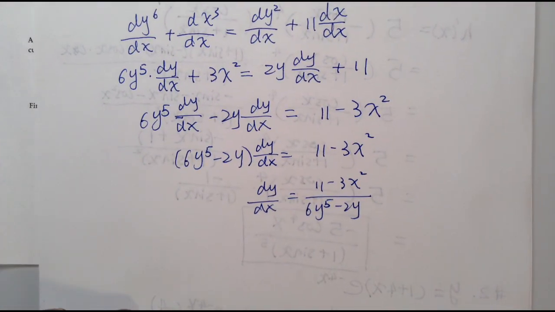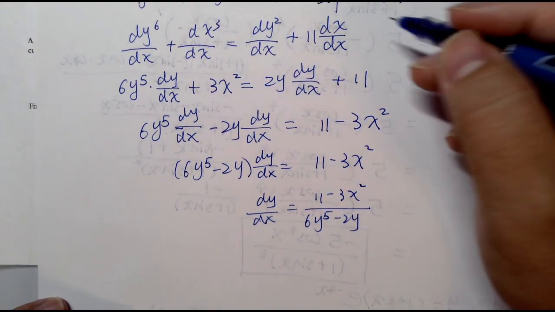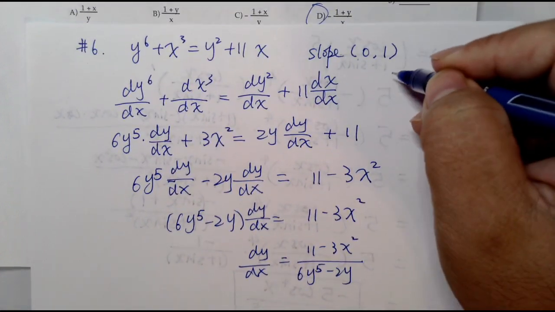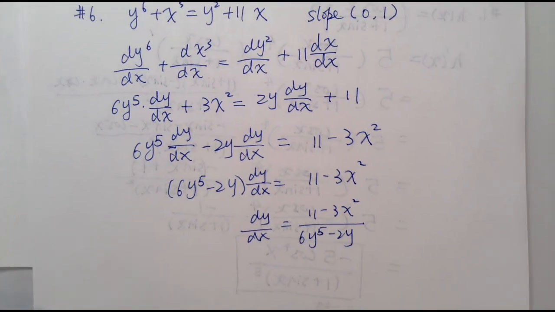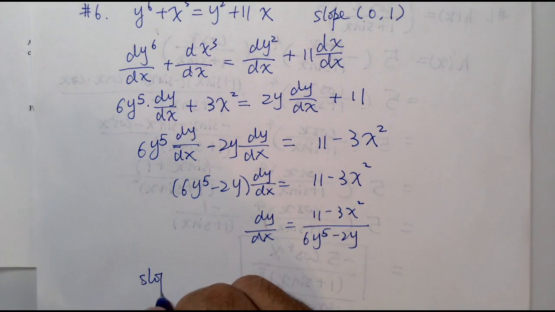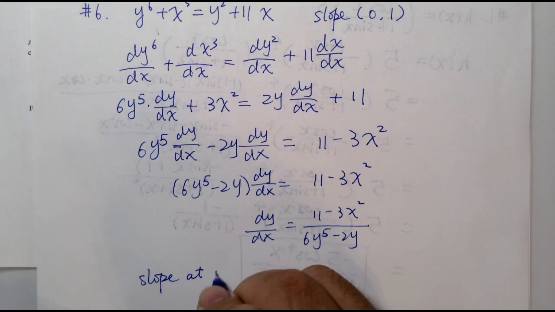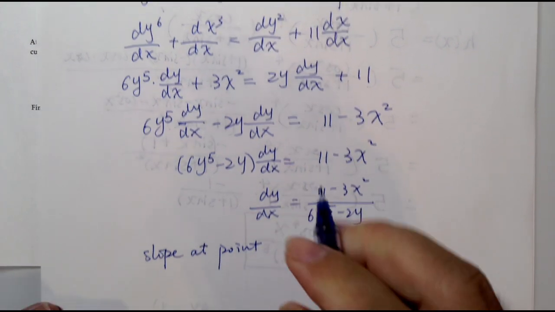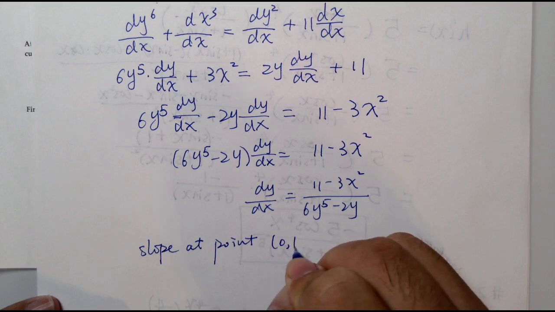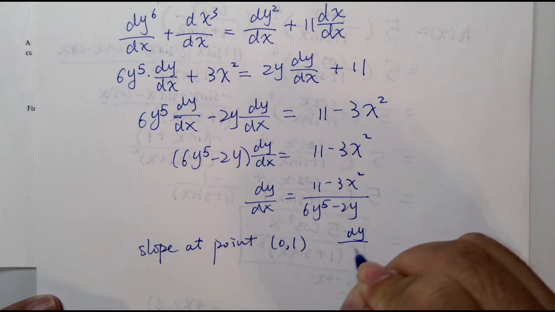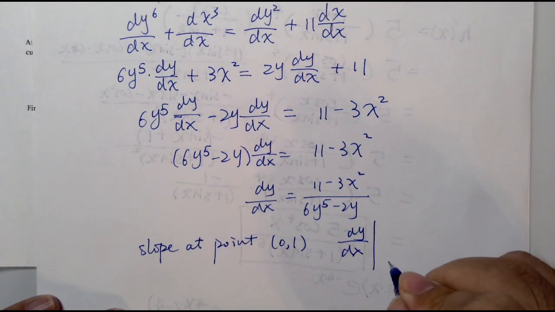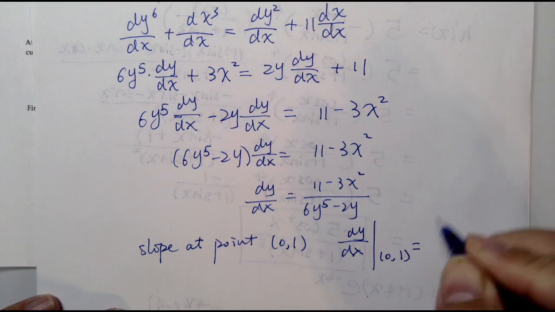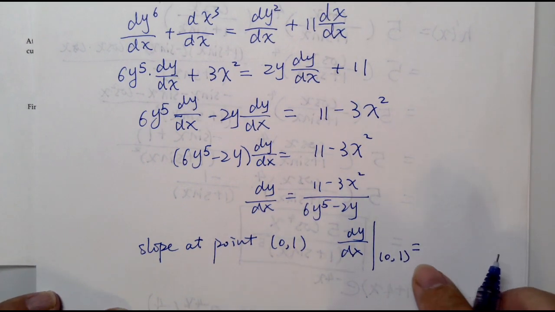Okay, so this is our dy/dx, and we're looking for the slope, right, at this specific point, (0, 1). So all we need to do is the slope at point (0, 1). It's dy/dx evaluated at (0, 1), which x is 0, y is 1.